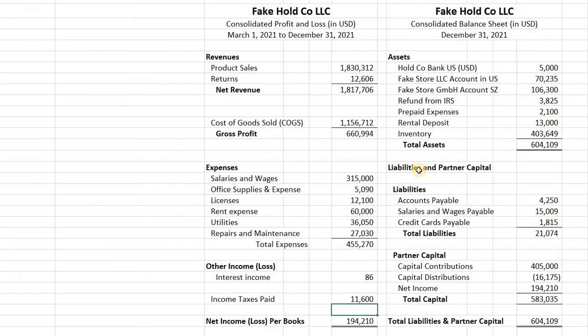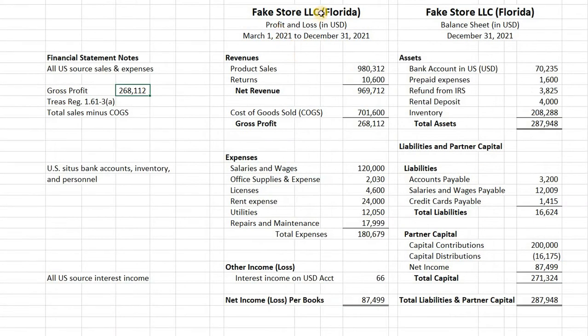Now, if we go back to the financial statements, what we're going to see is that the activities of the U.S. LLC in Florida, the fake Florida LLC financial statements, is the income that's going to be treated as U.S. source effectively connected income. And so the net earnings that are allocated to Jane, that's what's going to be subject to withholding tax. The net earnings allocated to John are not subject to withholding, right?